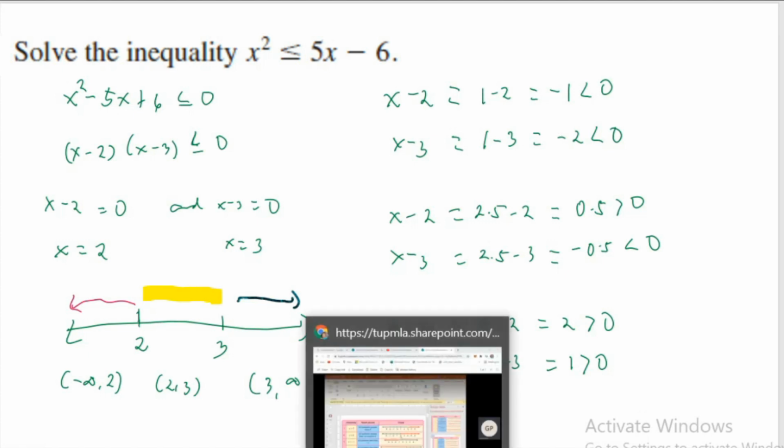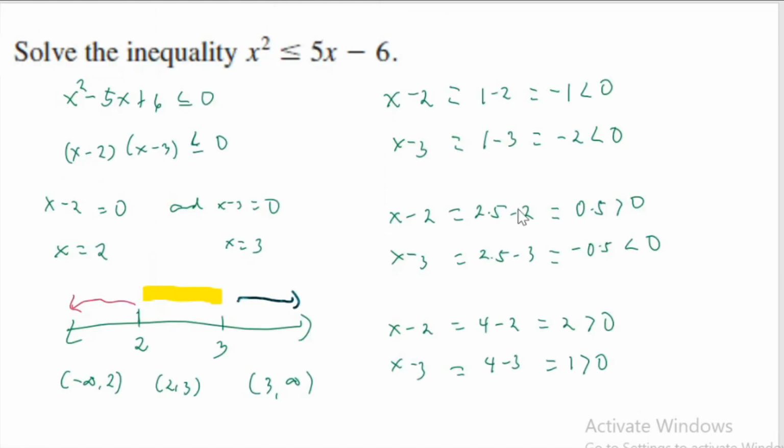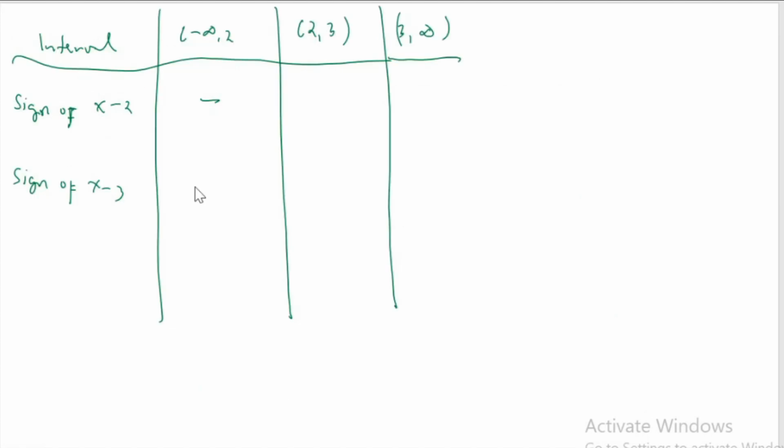Therefore, the sign here is negative. And the sign for x minus 3 with x as 1 is negative 2, which is less than 0, therefore we write negative.